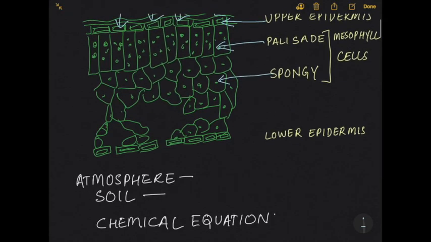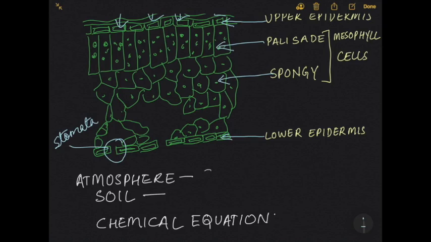And you know the lower epidermis contains tiny openings which are known as stomata. There are numerous stomata on the undersurface of the leaf, that is on the lower epidermis, which allows the diffusion of carbon dioxide and oxygen, and transpiration also takes place through the stomata.